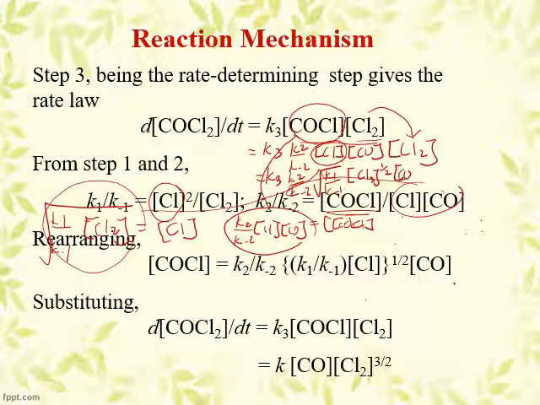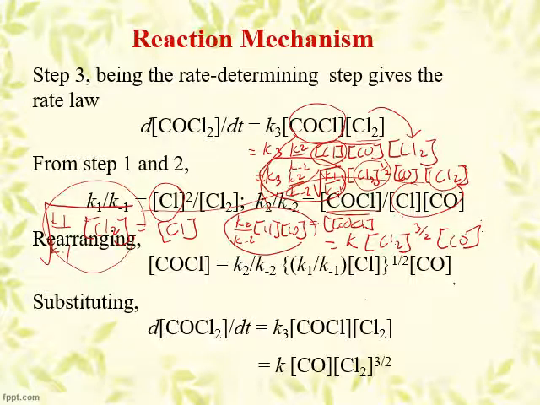Now we combine these equilibrium constants into one constant, so it becomes k[Cl2]^(3/2)[CO], which is the rate law.